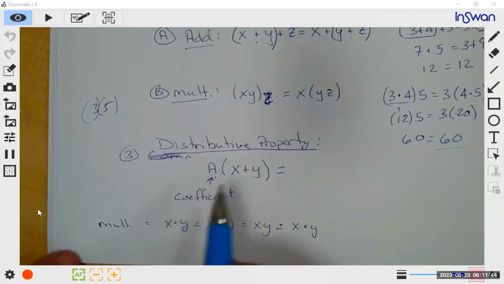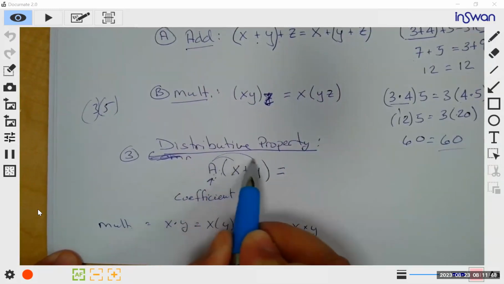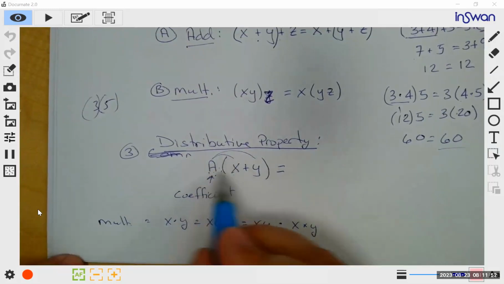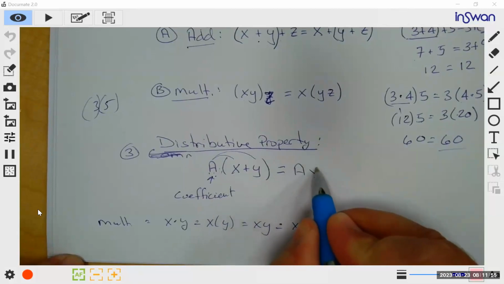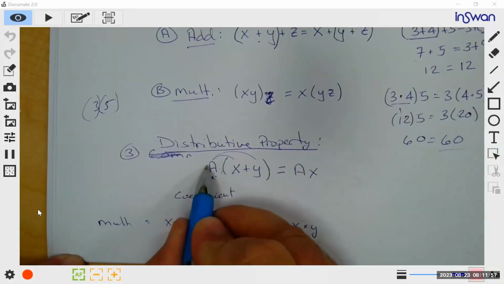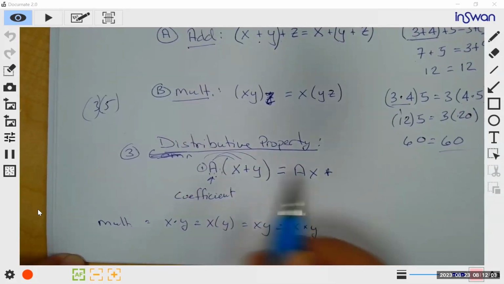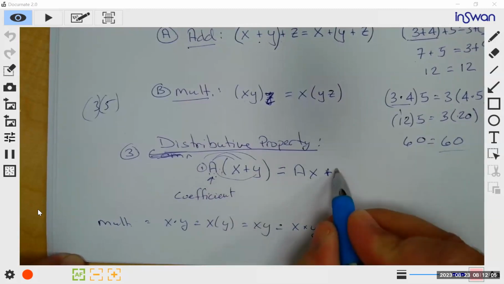All right, so what this says is whatever the coefficient is, I have to multiply it to each term inside there. So a times x, since a is positive and that's positive, the sign is going to be positive, then a times y.